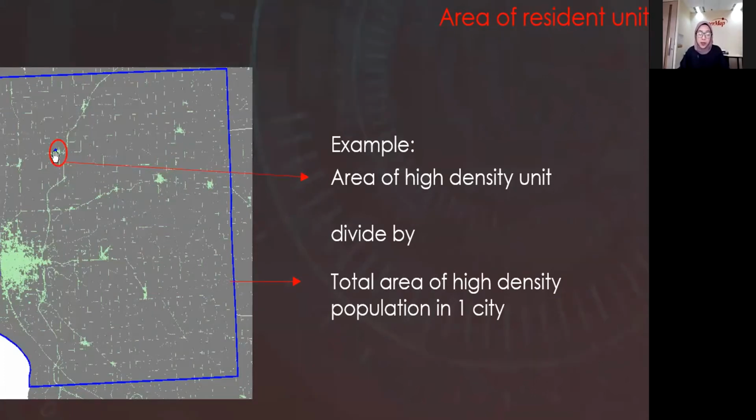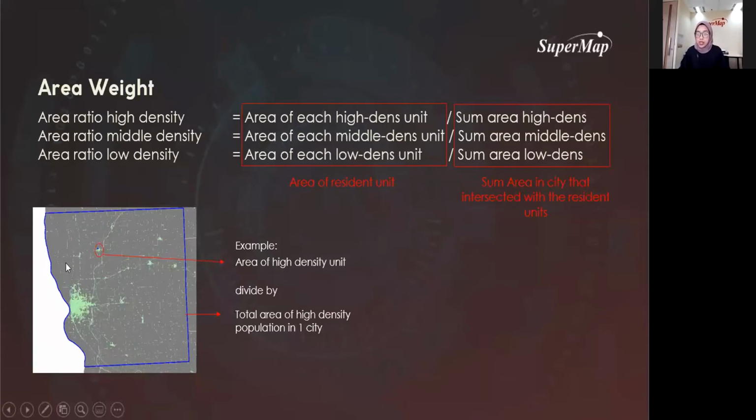And since this blue point is a high density unit, we will divide the area of this high density unit point by the total area of high density population in one city. This is how to calculate the area weight. Okay, now let's take a look at how to achieve this. I will open my iDesktop again.